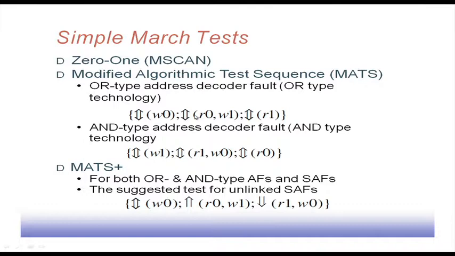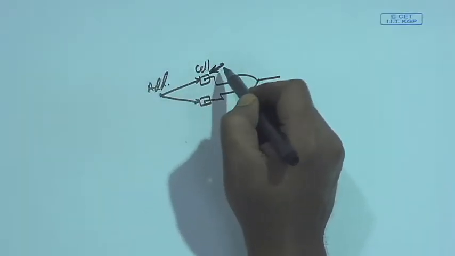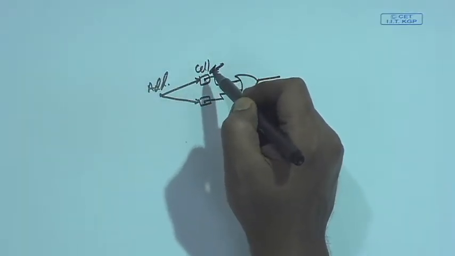Then we start again, check individual memory locations for a read of value 0, and then write a 1, and after that we expect that when we read, we will get a 1. Now, you see in an OR type situation, what will happen when this cell was accessed in the second template, that is R0 W1.